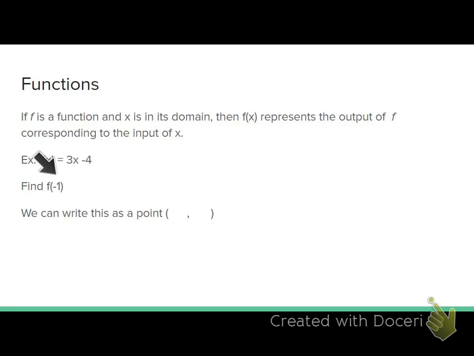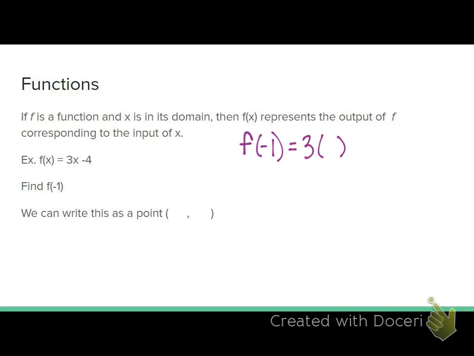They gave us an x. What x value did they give us? -1. So instead of putting an x, they put a -1. So instead of putting an x in the equation, they want us to put a -1. So remember, this notation is just a little bit different from what we're used to. So f of -1 means we're plugging -1 into x.